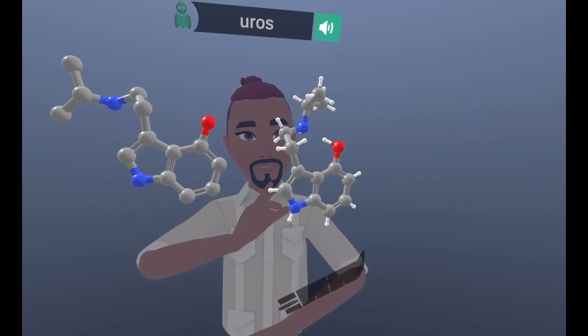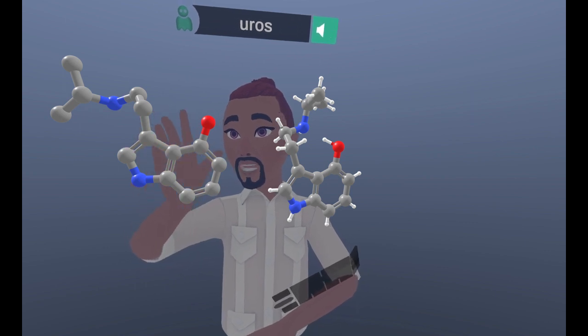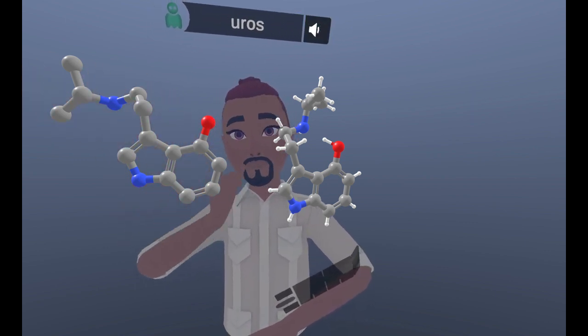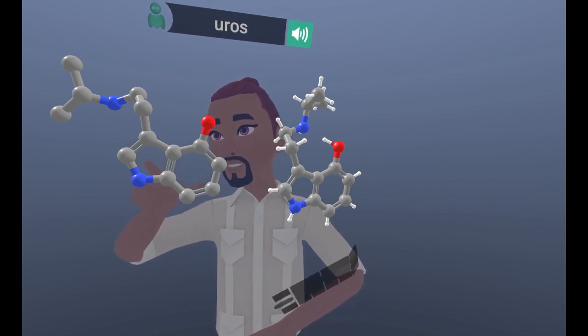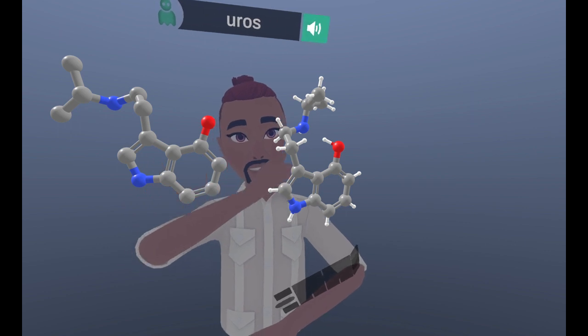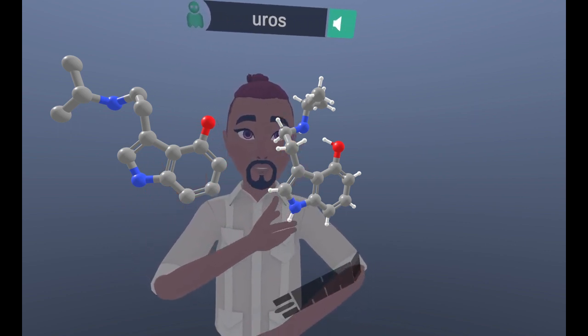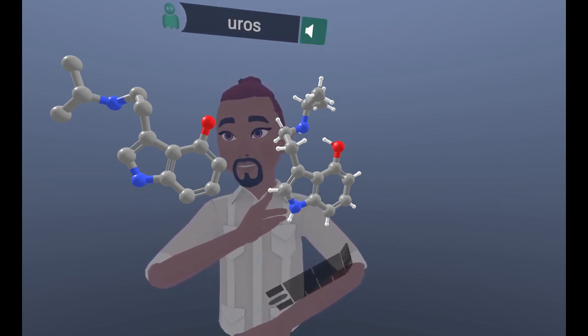So the ergoline conformation resembles ergoline's LSD, and this one has the side chain pointed away from the 4-hydroxy. These compounds tend to be a little bit more selective, and the compounds that have the side chain in the ergoline conformation tend to bind serotonin 5-HT2A and dopamine D2 receptors.